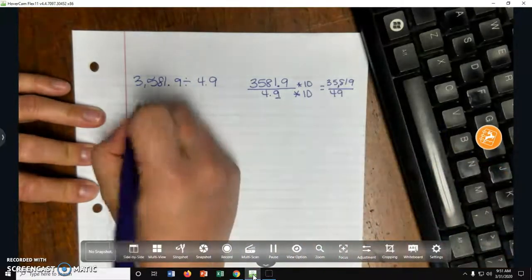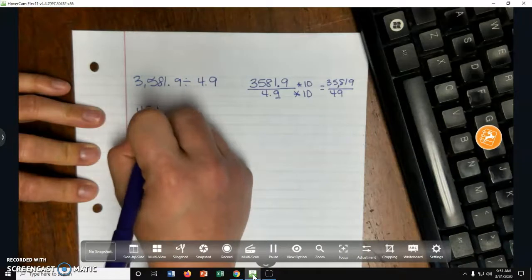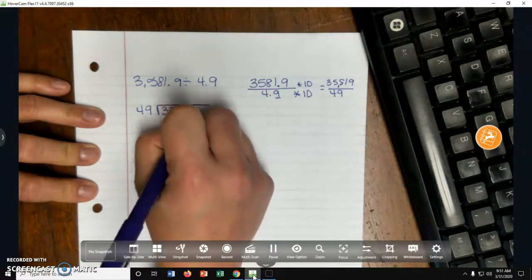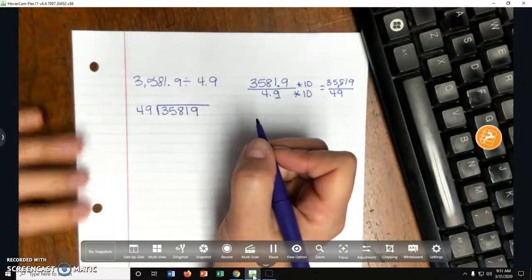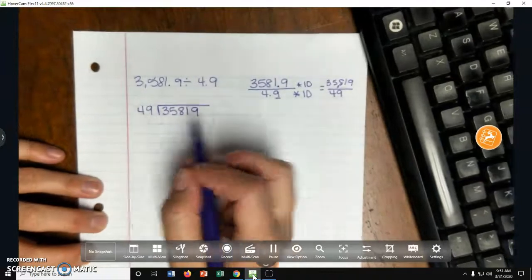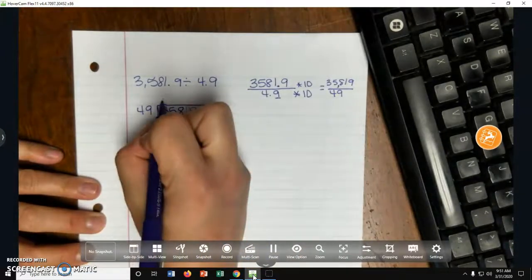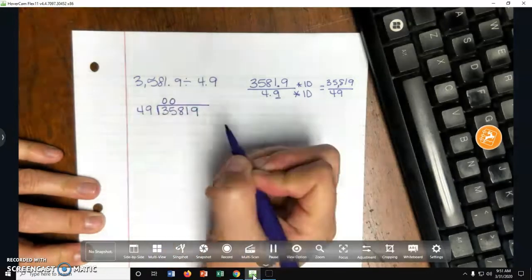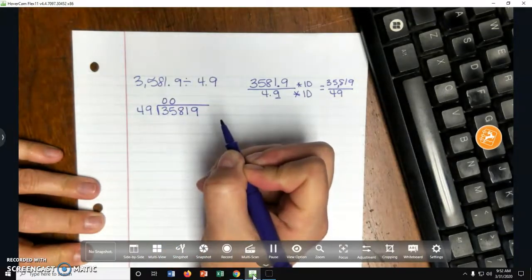Now I'm going to go ahead and set this up with the standard algorithm, and I'm going to go ahead and solve. Same process as always. Does 49 go into 3? No. Does it go into 35? No. Does it go into 358?